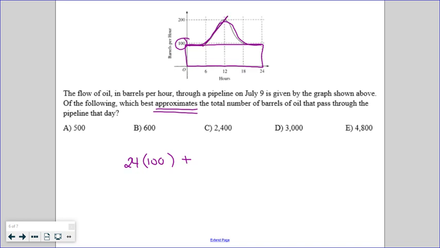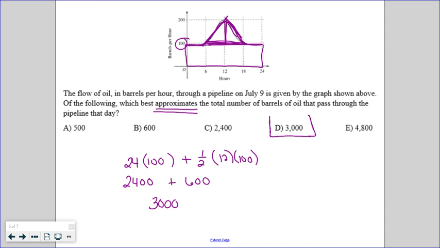Best I can get here would be more like a triangle, and a triangle's area being 1/2 base, from 6 to 18 would be 12, height would be from 100 up to 200, a height of 100. So cleaning all this up to get an actual answer, 1/2 times 12 is 6, times 100 would be 600, plus 2,400, we'd be looking at 3,000 barrels.